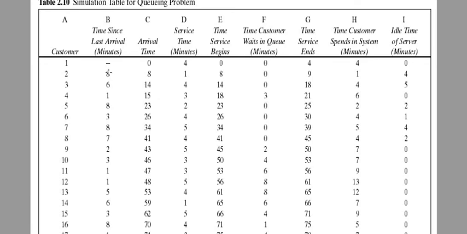After 8 minutes of the arrival time of customer 1, customer 2 will come. So after 8 minutes, it will have the arrival time of 8. If the first customer comes at time 0, the second customer will come after 8 minutes. That means the arrival time is 8 minutes. The third customer will come after 6 minutes after the second customer, so it will be 14 minutes.